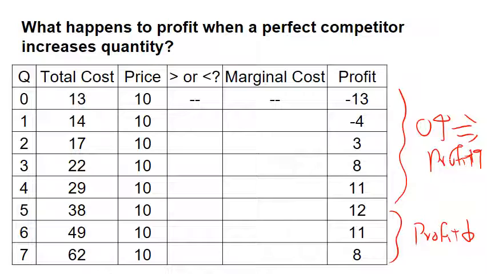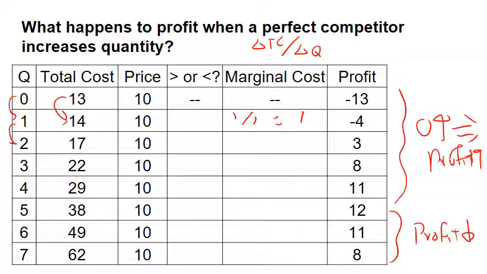Let's compute marginal cost. If you remember, marginal cost is the extra cost the firm pays for an extra unit of output. The formula is the change in total cost divided by change in Q. So when output goes from 0 to 1, output rises by 1, and cost increases also by 1. So the marginal cost of the first unit is $1.